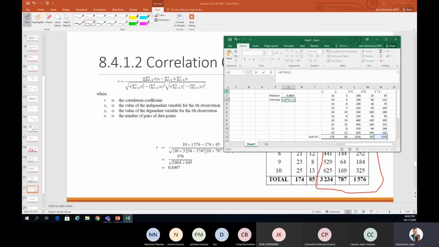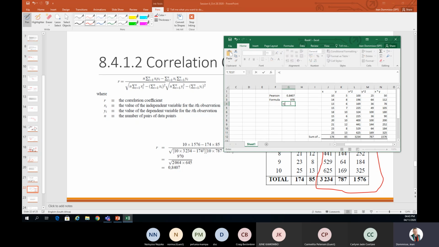So that first part is done, minus the sum of the x's times the sum of the y's. Okay. So the part above the line is done, where you can see the 970.